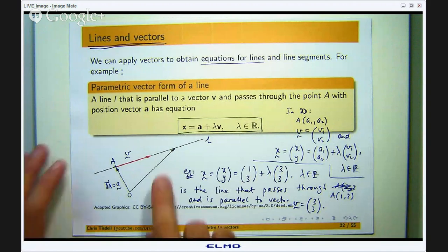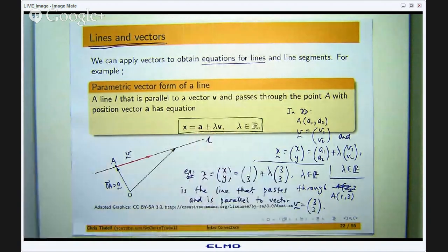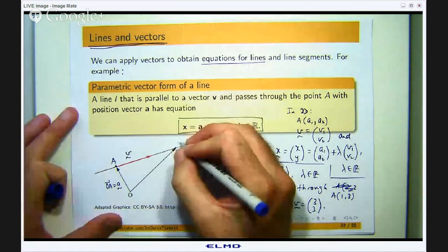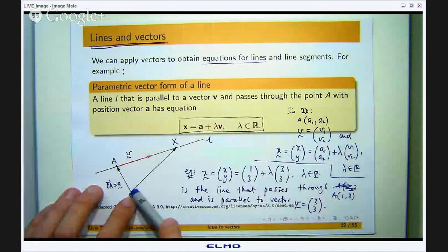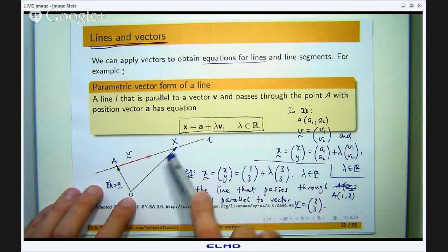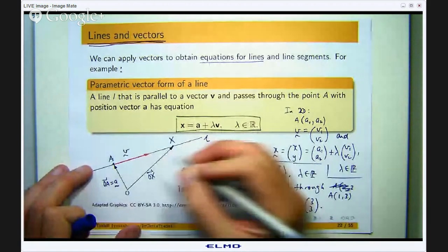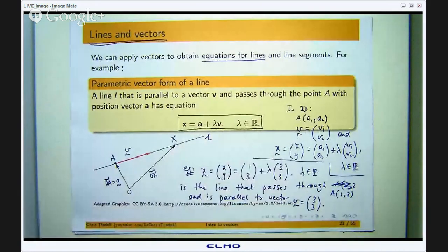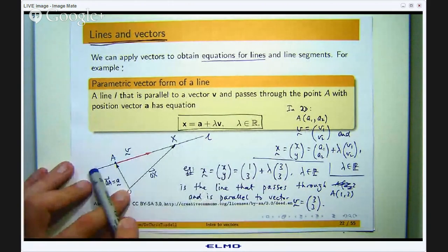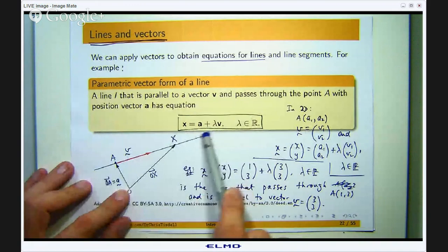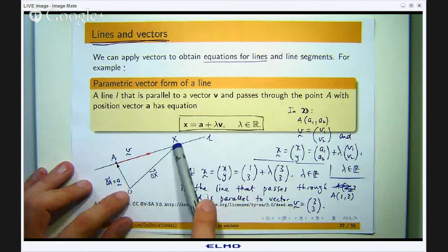Now, why is this the form of a line? Well, what we're trying to do here is to come up with an expression for the position vector of this point big X, or the vector O big X, if you like, in terms of things that we know. Okay, so if I move this big X point around, I can trace out the line, right? And to get to X, I can use a triangle law.